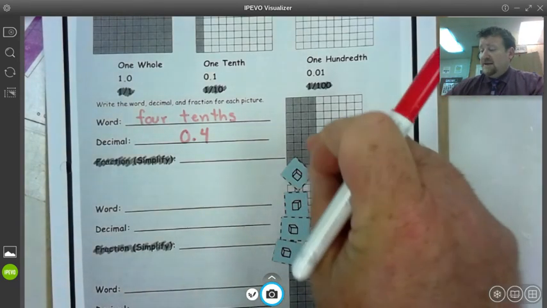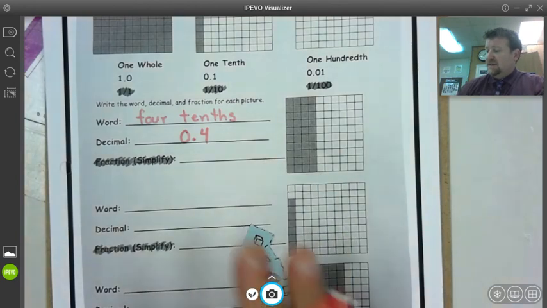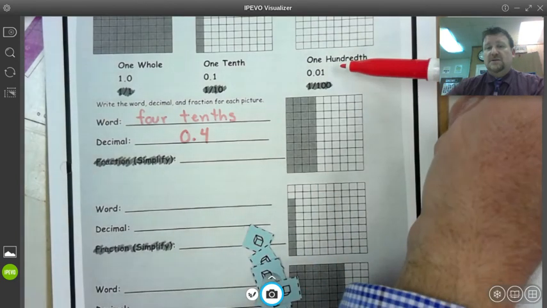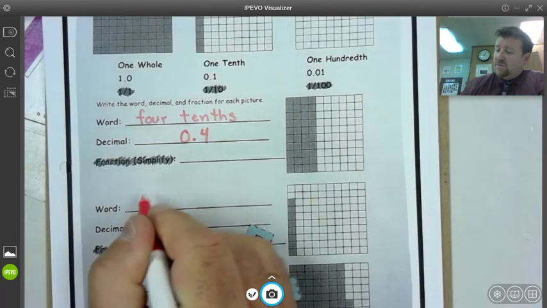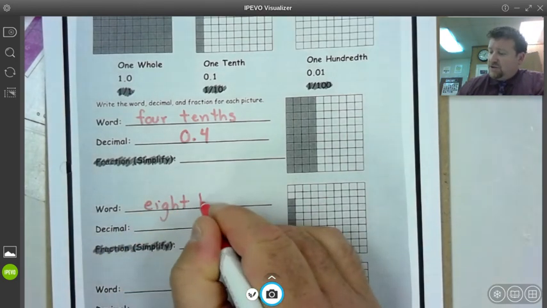The answer should be no, we don't even have a 10th yet. We have 8/100ths because each one of these little blocks is a 100th, and we have 8 of them. So when we write the word out, it's going to be 8/100ths.